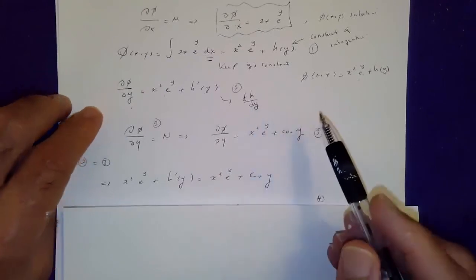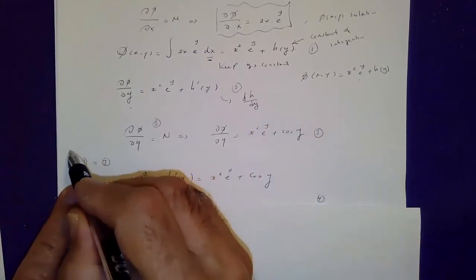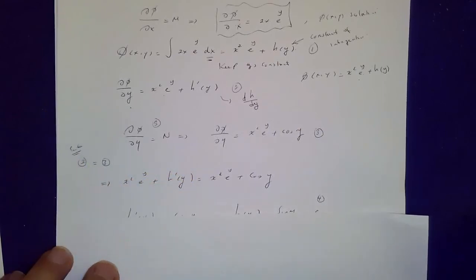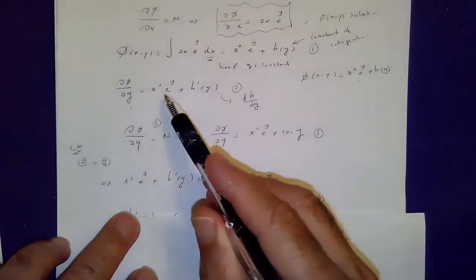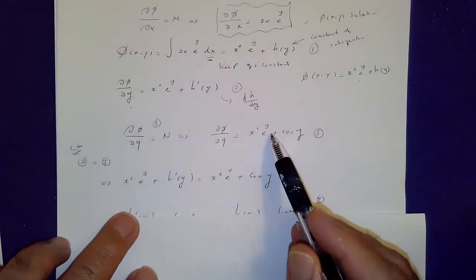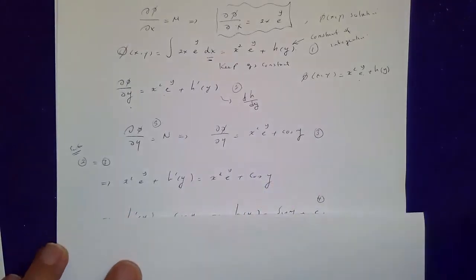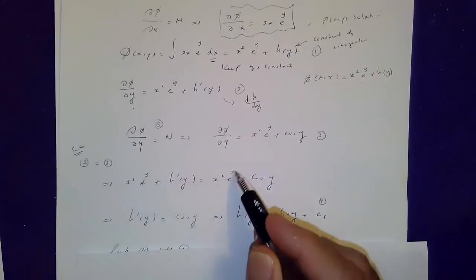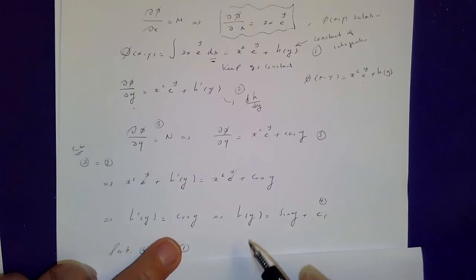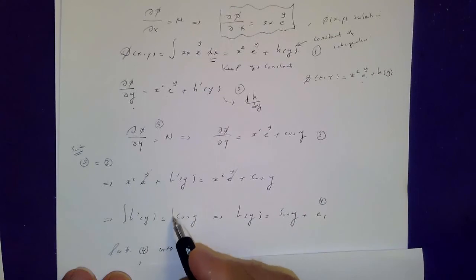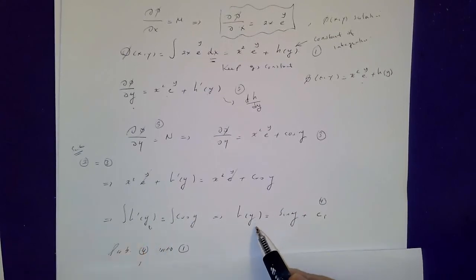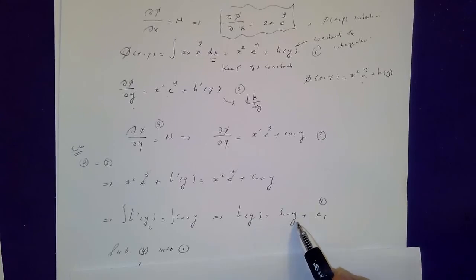So we set equations 2 and 3 equal to each other, and we get x squared e to the y plus h prime of y equals x squared e to the y plus cosine of y. These guys cancel. So we get h prime of y is equal to cosine of y. Then we take the antiderivative with respect to y. So we get h of y is equal to sine of y.